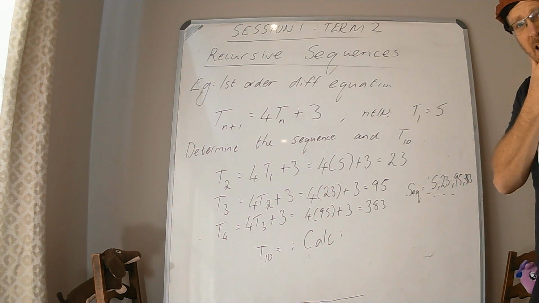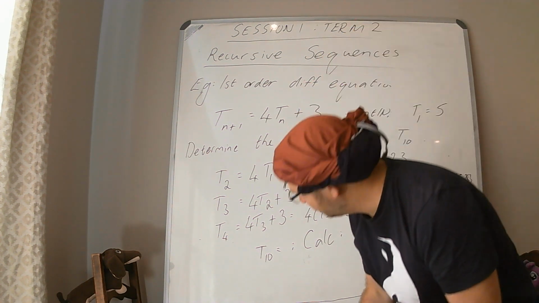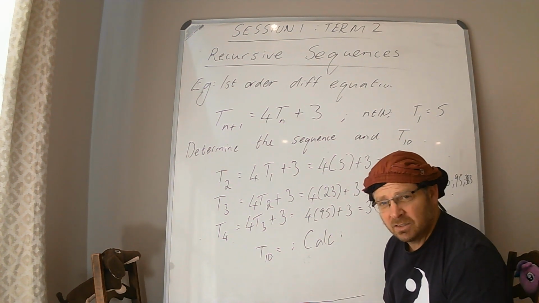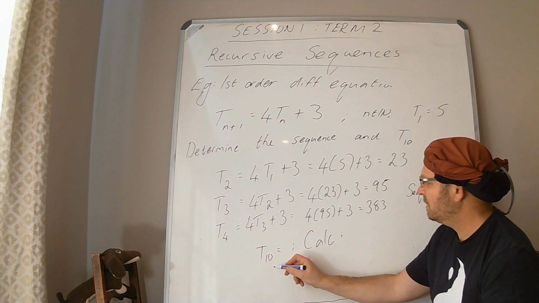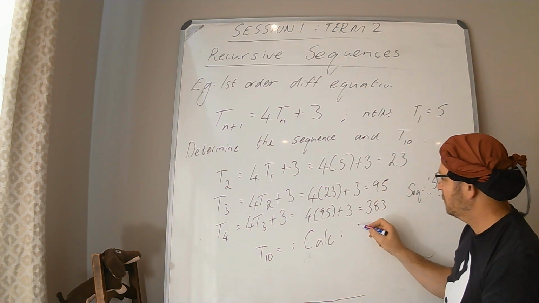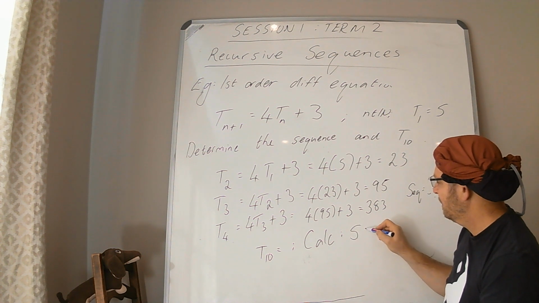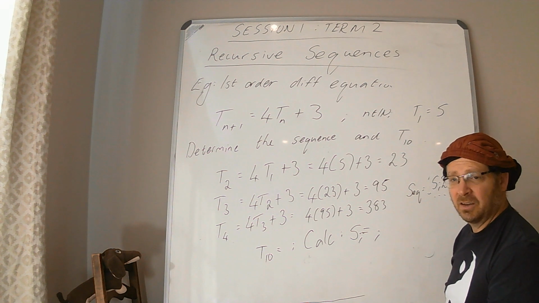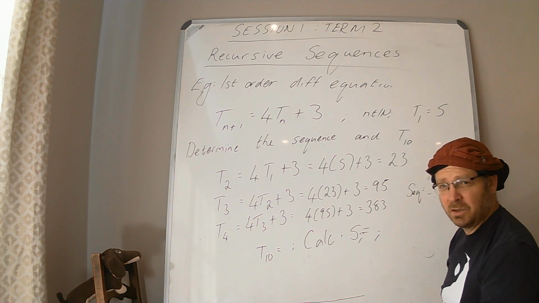Right. If we said go find the value of term 10, well the easiest way to do it is just on your calculator. What you're going to do is enter the first term, which in this case is 5, then press equals, so you're going to go 5 equals, now it's stored in your memory.